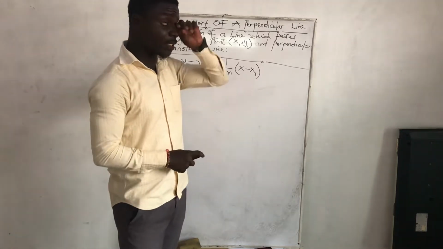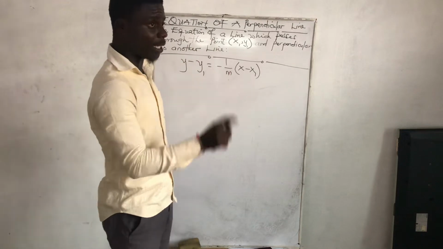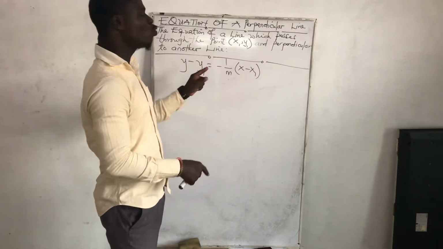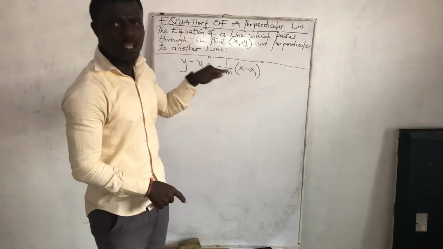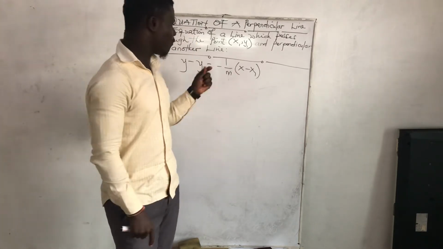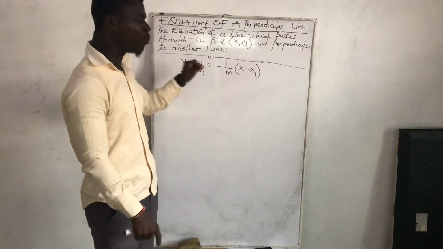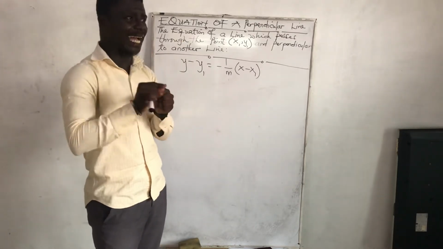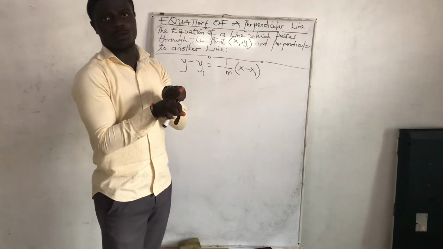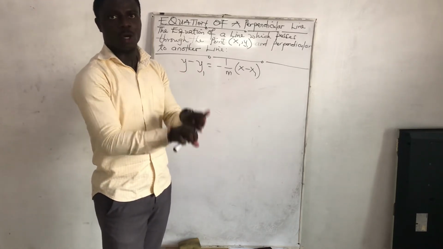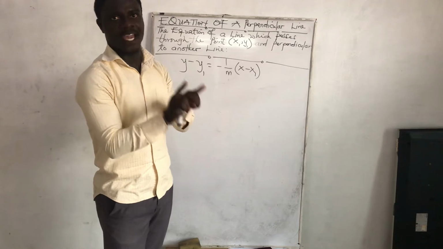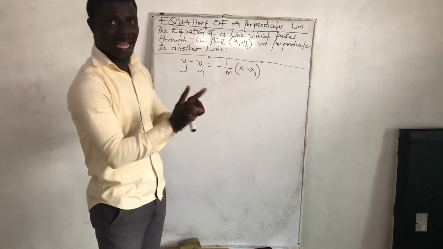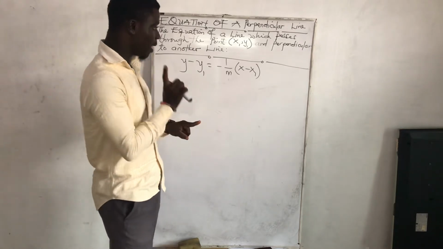So if a line is perpendicular to another line, you have to find the other gradient. You will not put the same gradient. When you put the same gradient, then they are parallel, which is wrong. But this time we are talking of perpendicular lines, that's 90 degrees.